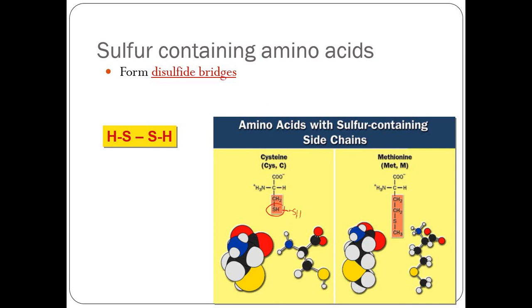So two S, like this one. It forms cross-links between sulfurs in amino acids.